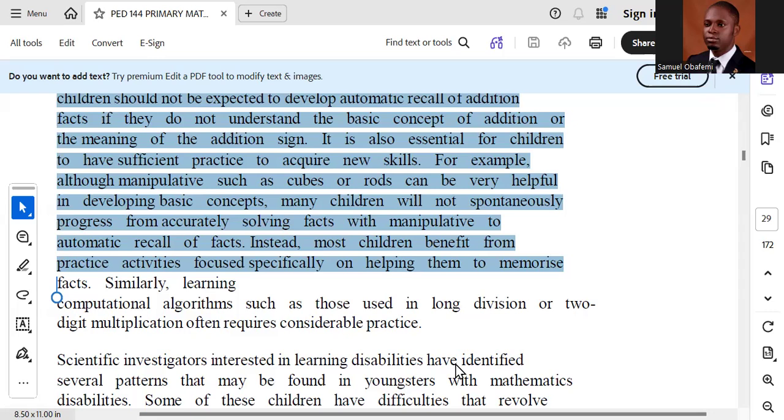And I think that's the last one. Number 5 is verbal problem solving. What does this mean? It means word problems in mathematics.